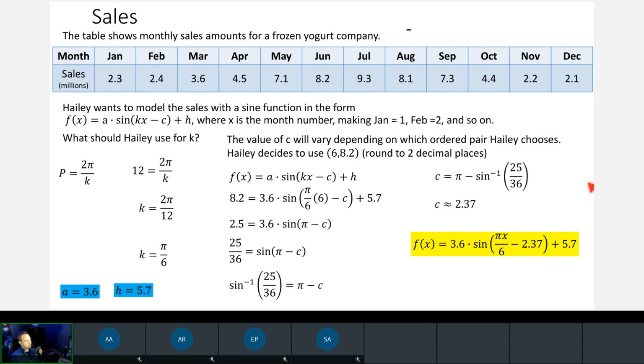And yes, you do have one of these problems on your test. The quiz, I don't remember. For the test, 100% sure you have one. Well, on your quiz, yeah, you're going to have word problems because that's what we're doing this section.